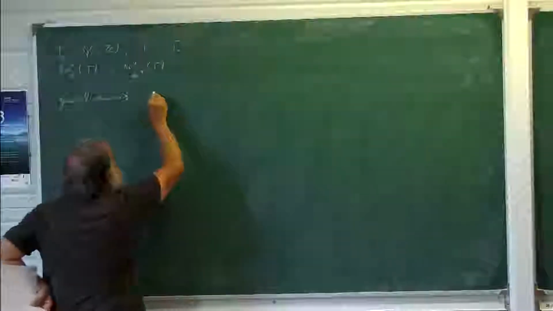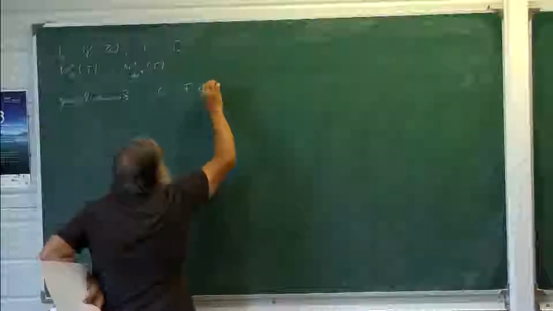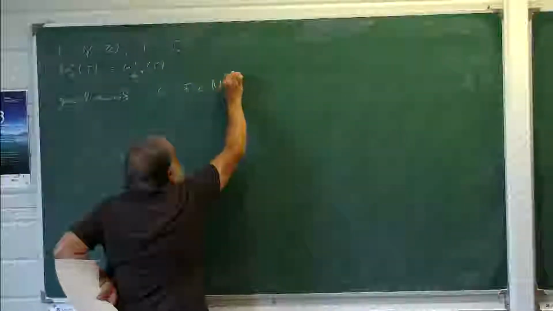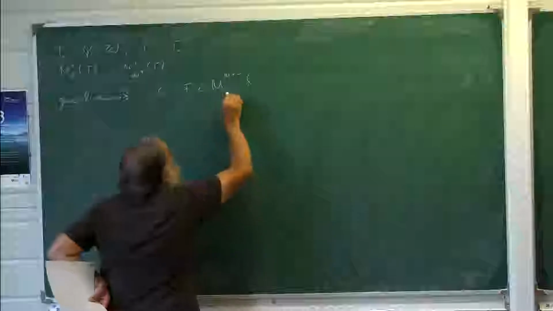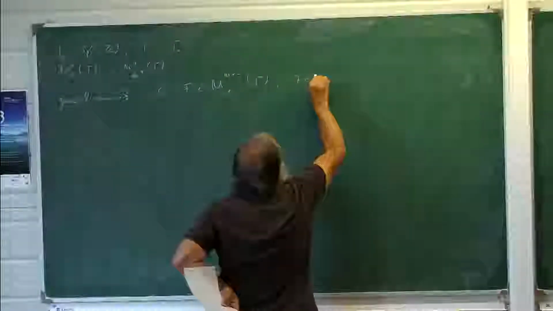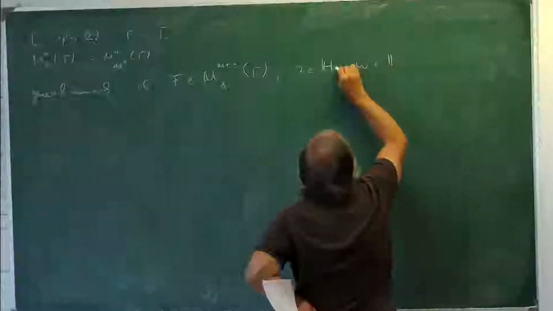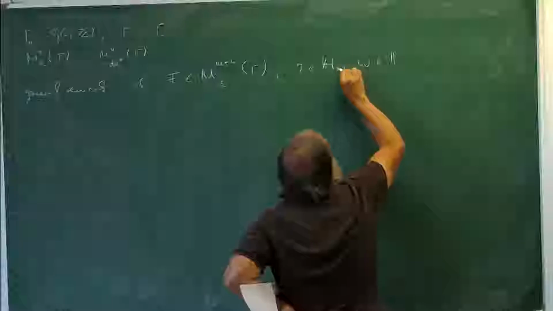remark. So if F is a modular form, I take M here.